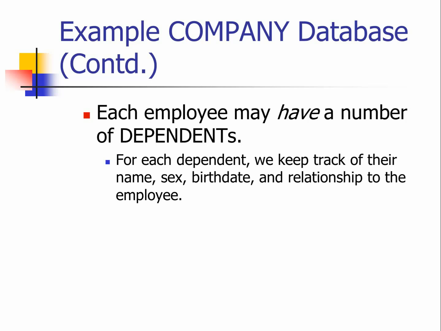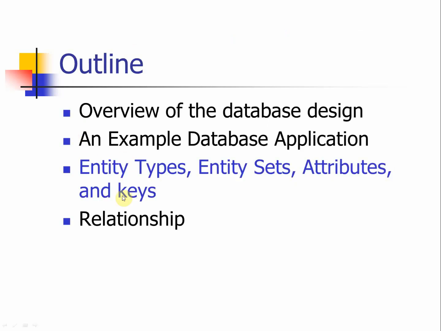The 4 tables include the employee, department, projects, and dependents. So in our next video, we want to talk about how you describe each table. That is the entity part, and then we will look into how we link those tables together through the relationship topic.